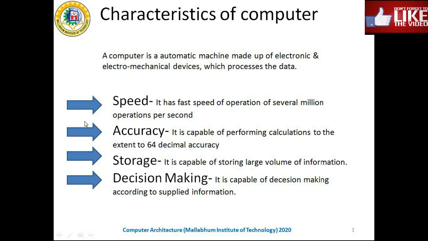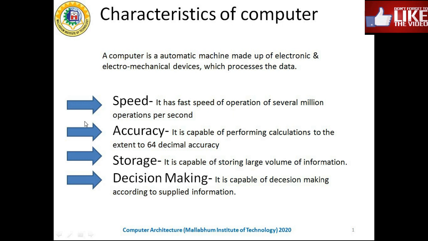And we are still in an age where research is going on to make the speed of the computer very fast, so that we can get the result in the blink of an eye.